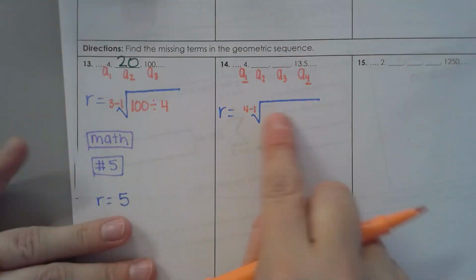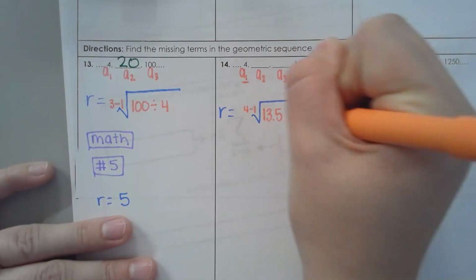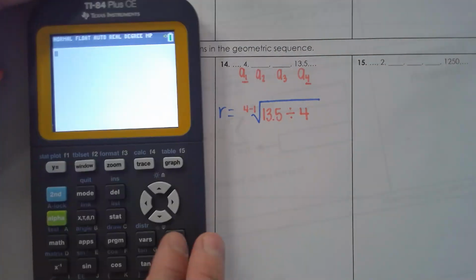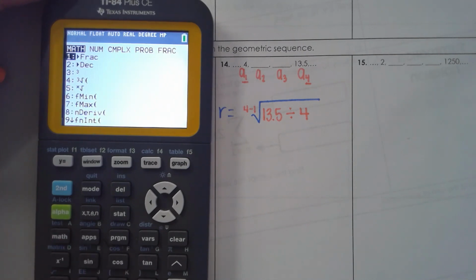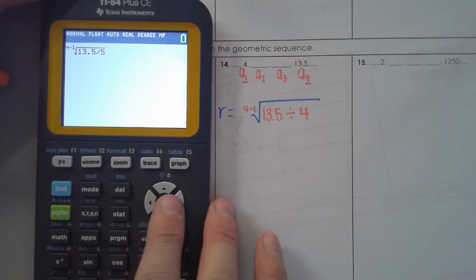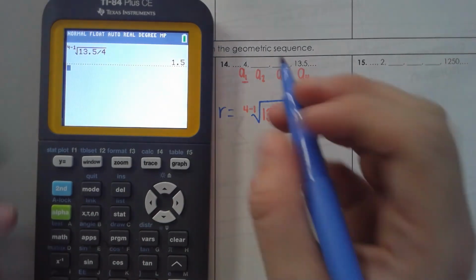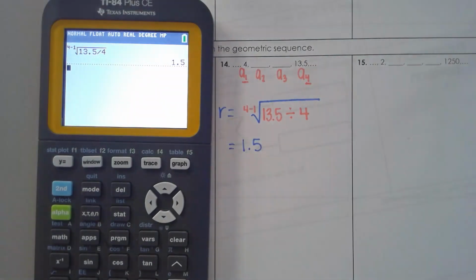And then under the radical symbol, I'm going to type 13.5 divided by 4. Math 5, 4 minus 1, 13.5 divided by 4. We get R equals 1.5.